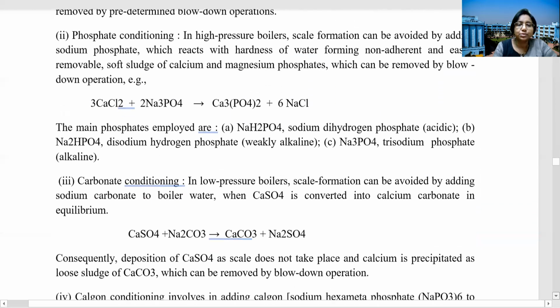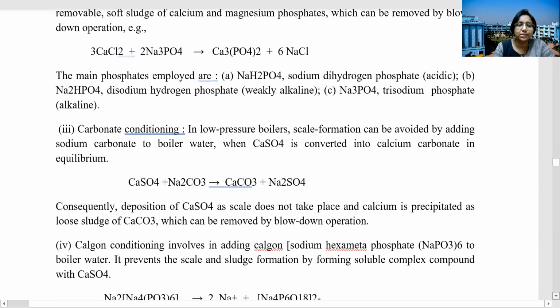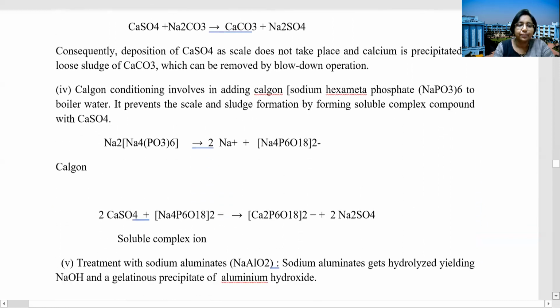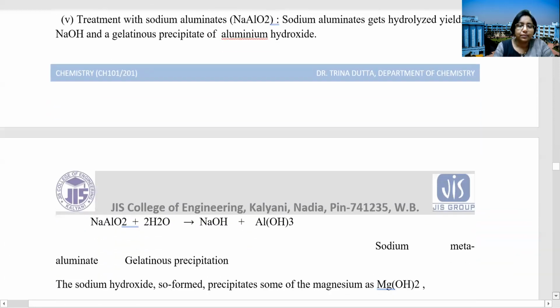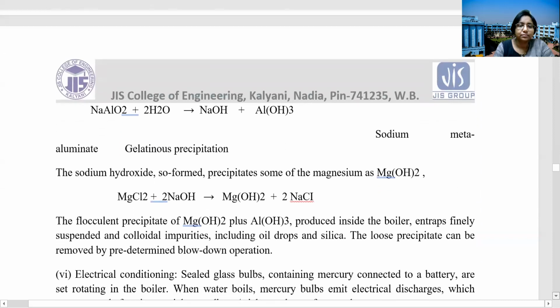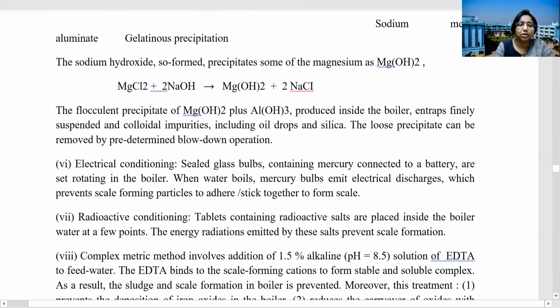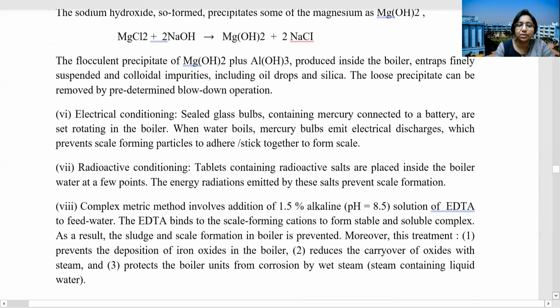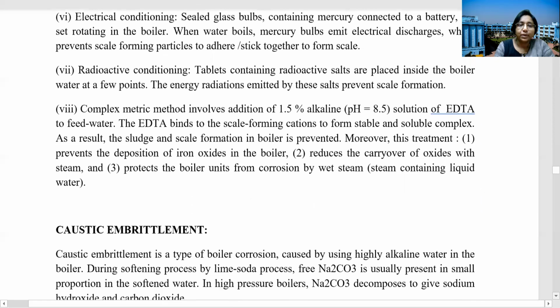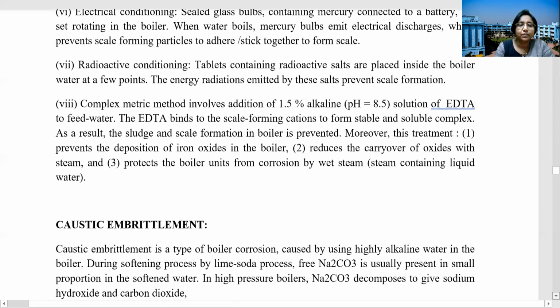There are lots of softening processes: carbonate conditioning, calgon conditioning, electrical conditioning, radioactive conditioning, complexometric method.